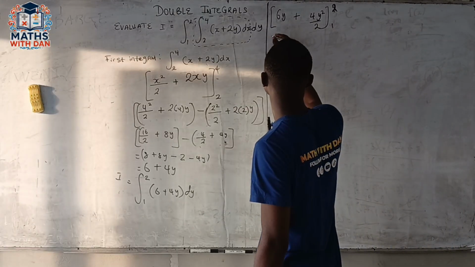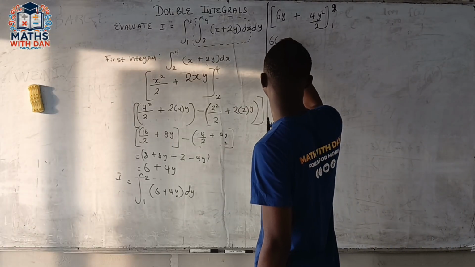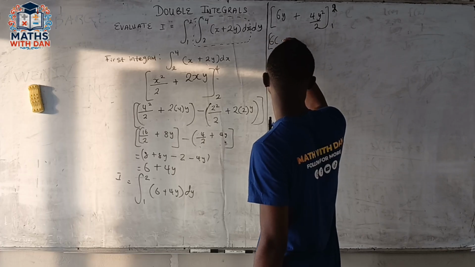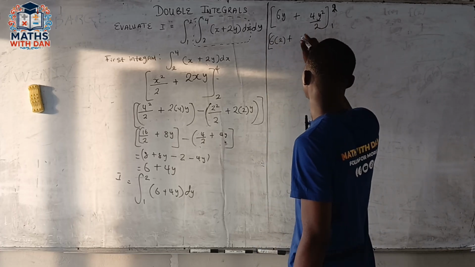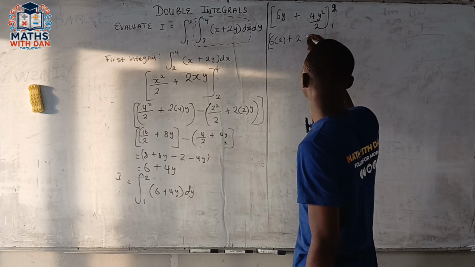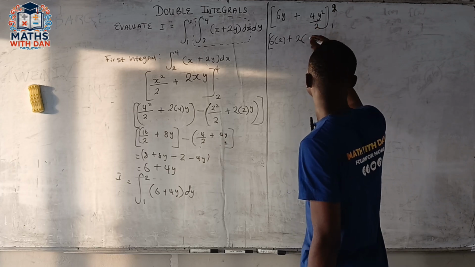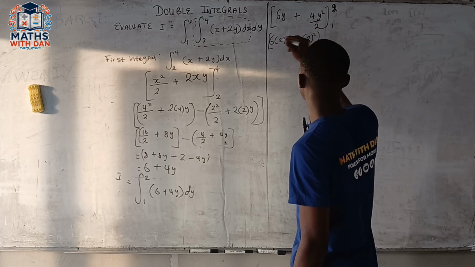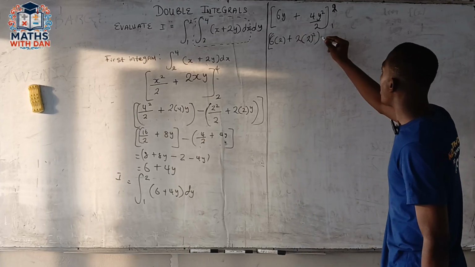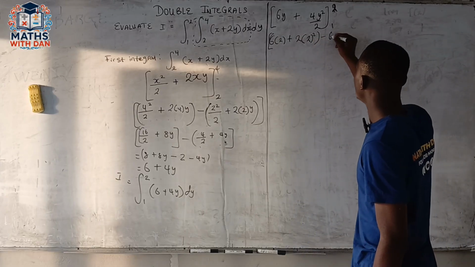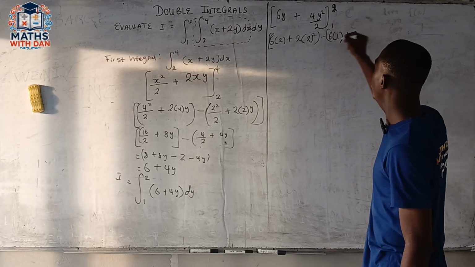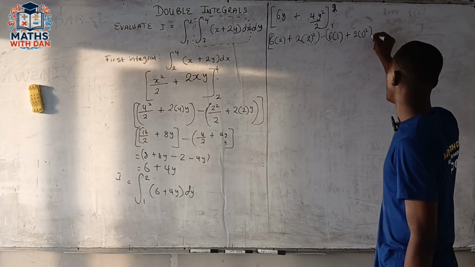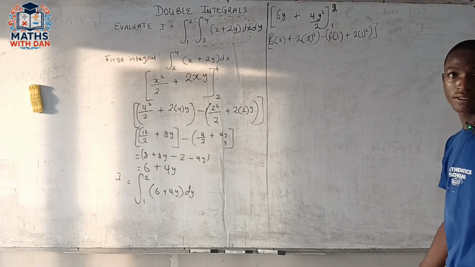So substituting, we are going to have 6 open bracket 2, the y is 2, right? Plus 4 divided by 2, that's 2, open bracket 2 squared, right? So minus the lower limit, which is 6 open bracket 1 plus 2 open bracket 1 squared, then close bracket.